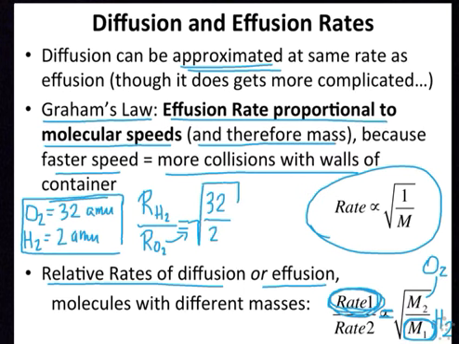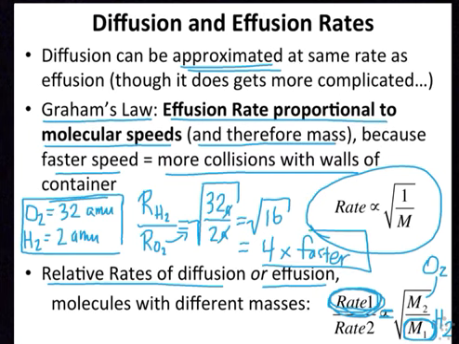We don't care about units here because we're taking a ratio, so the units are going to cancel out. So the square root of 16, or 4 times faster. So the H2 effuses 4 times faster than the O2, based on Graham's law.